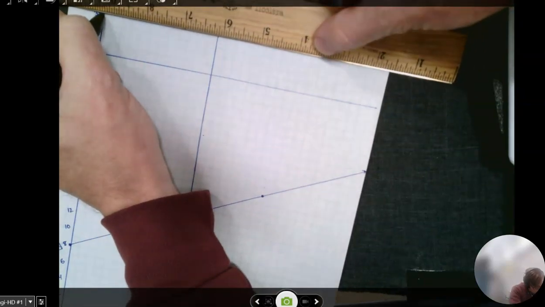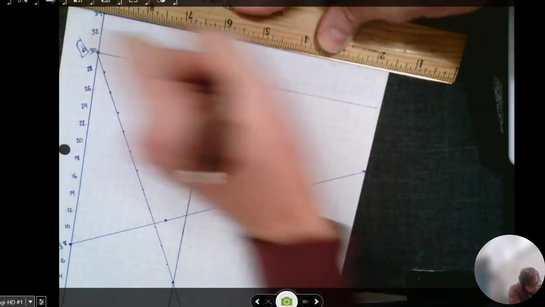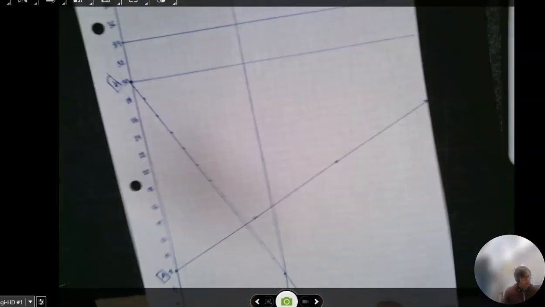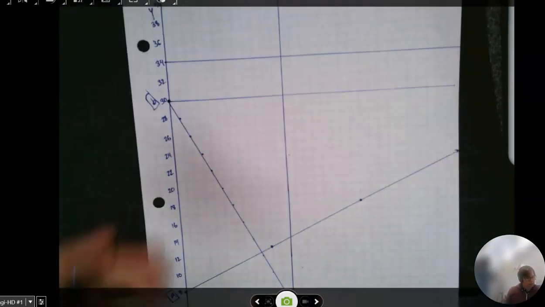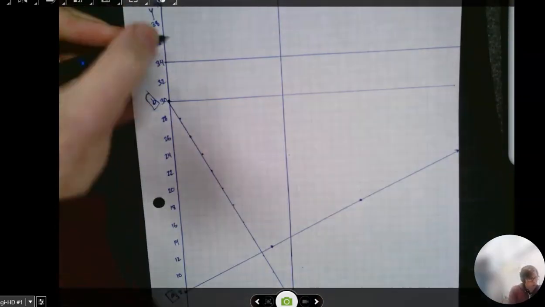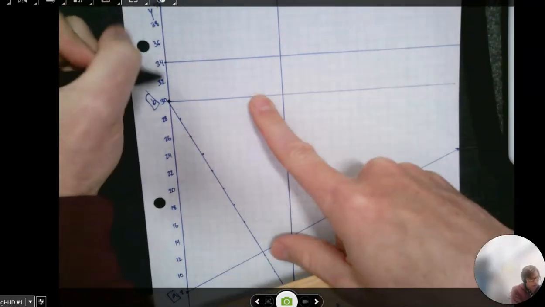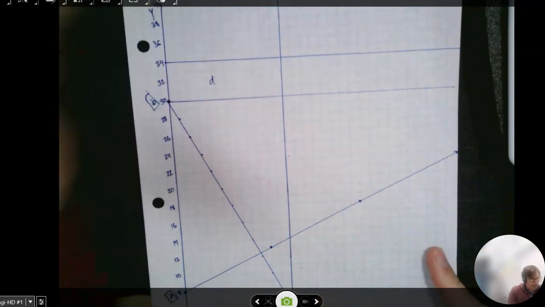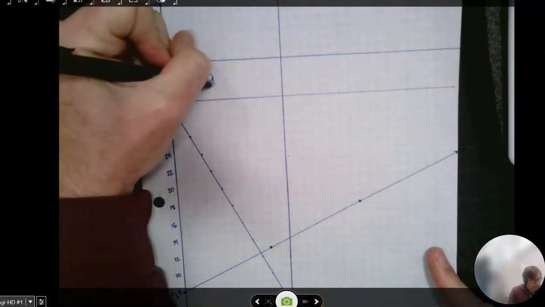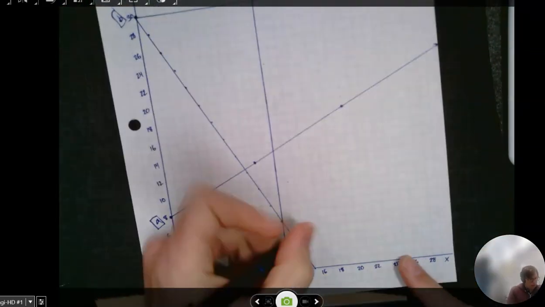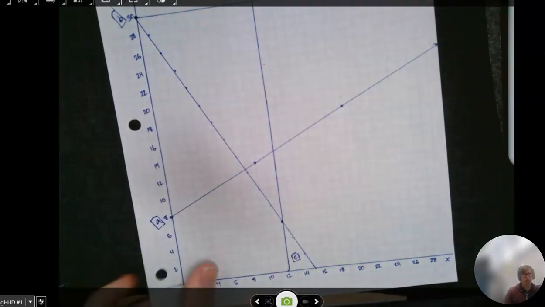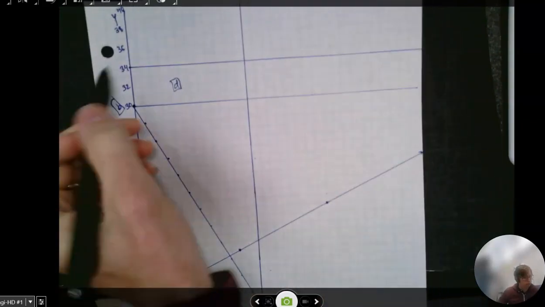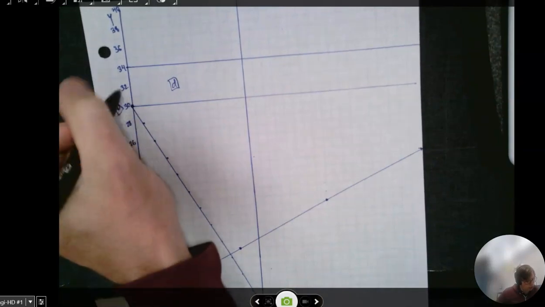Great. And I'm going to use this rectangle right here, this square space or rectangular space. I'm going to go ahead and label this D so that I can keep track of everything. And this one was C.